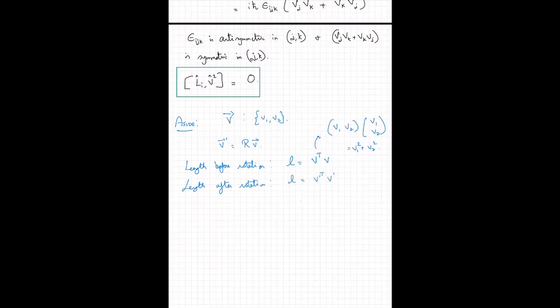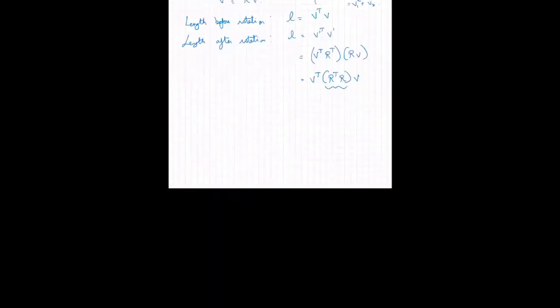But V prime transpose is basically V transpose times R transpose from this equation. Yes. So I can write this as V transpose R transpose times V prime, which is R times V. So I can write this as V transpose R transpose R times V. If this has to be the same as V transpose V, then whatever is multiplying V transpose and V inside has to be equal to the identity matrix 1.